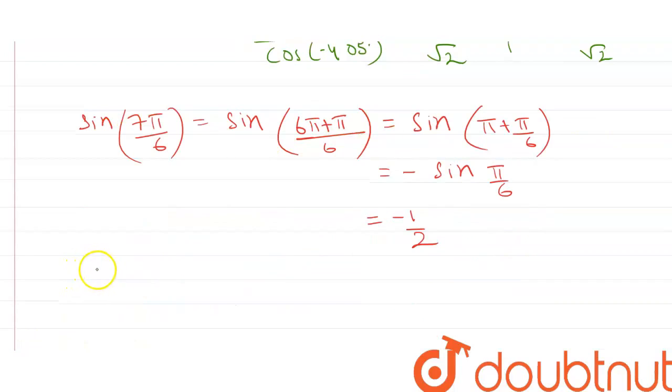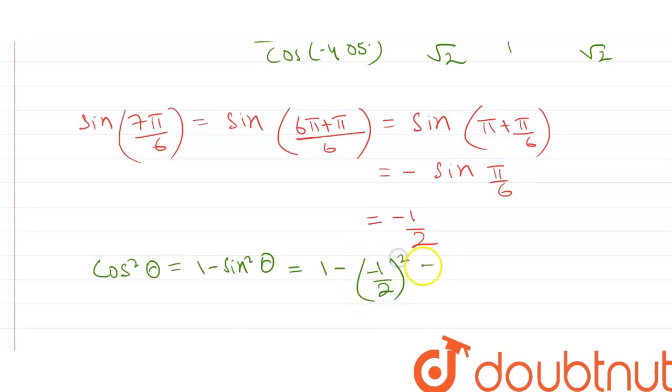Now for the cos part we will use the same identity. Cos square theta is your 1 minus sine square theta, 1 minus 1 by 2 whole square, 1 minus 1 upon 4, and the answer is 3 by 4. So what is the value of cos theta?